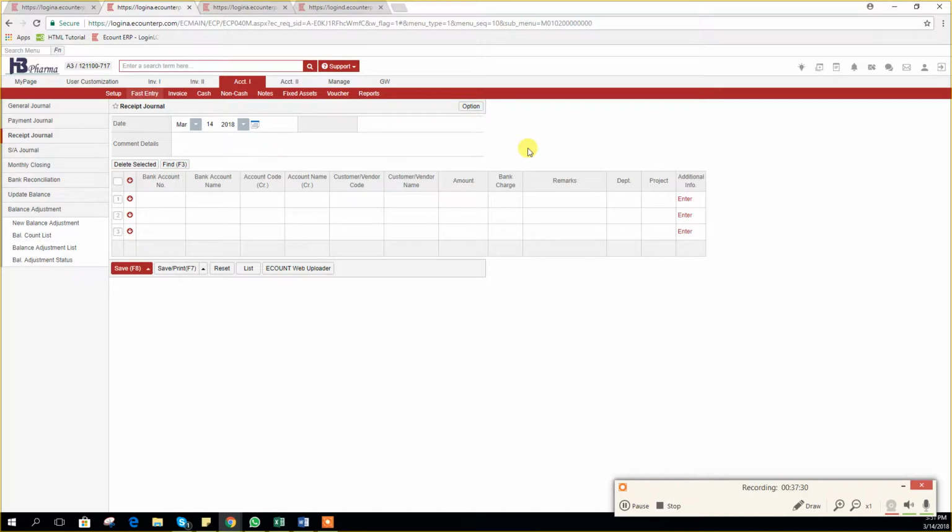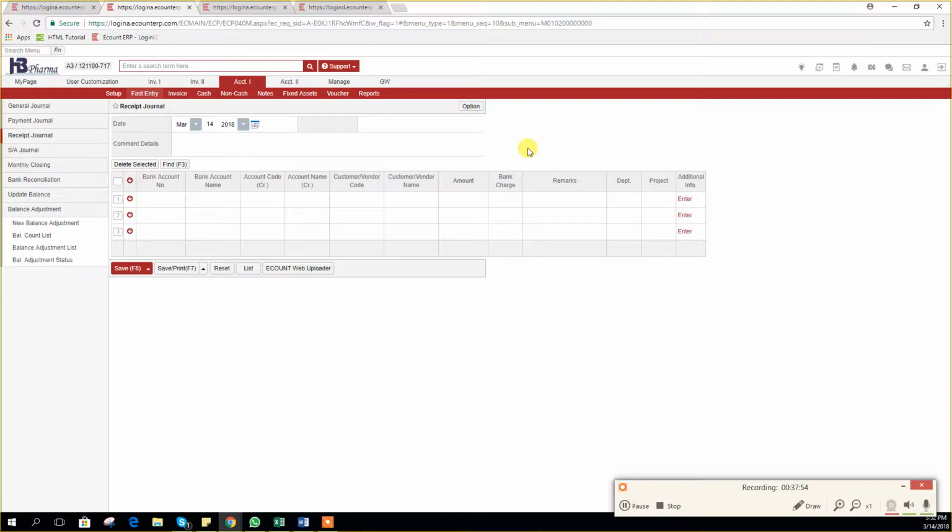Now we have debited our bank and we have credited our deposit account. This deposit account is a liability. So when we ship out the goods, we no longer have this liability because we already shipped out the goods, right?